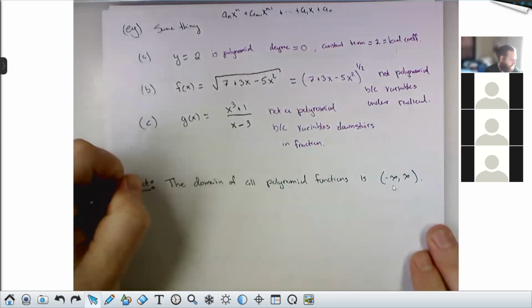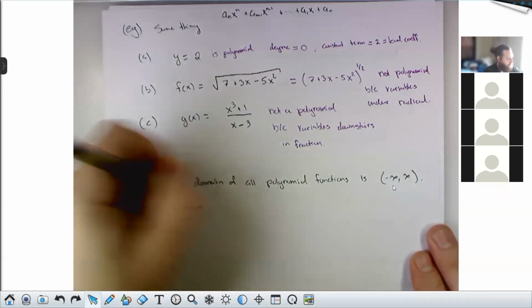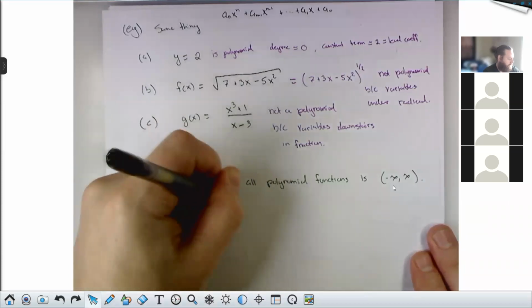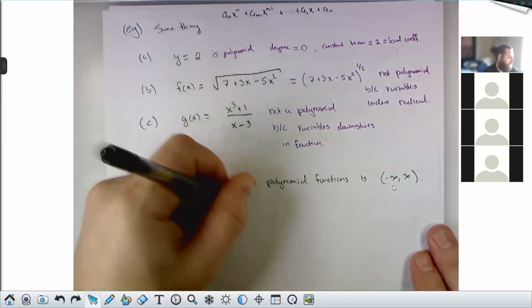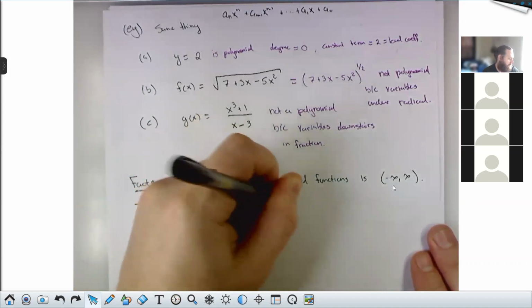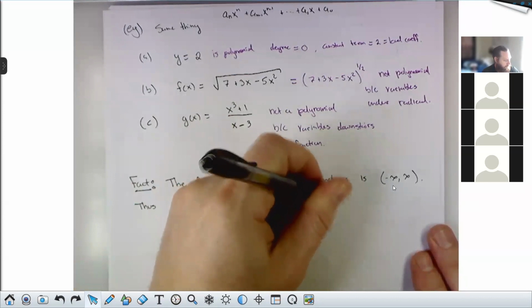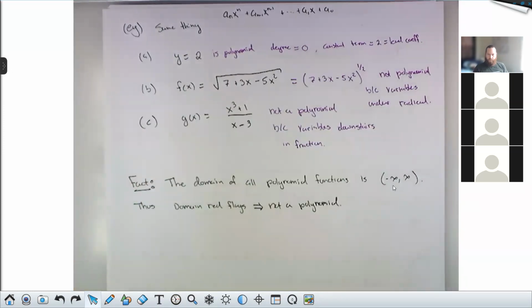So this means if you remember the domain red flag material from earlier, you can apply that as a trick.